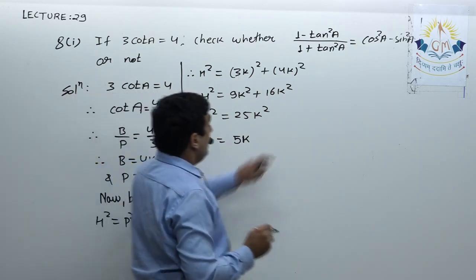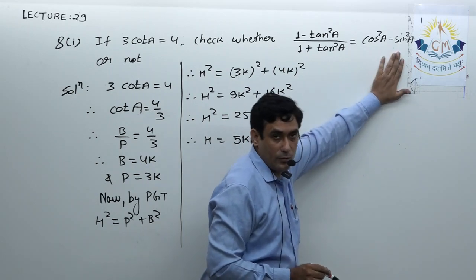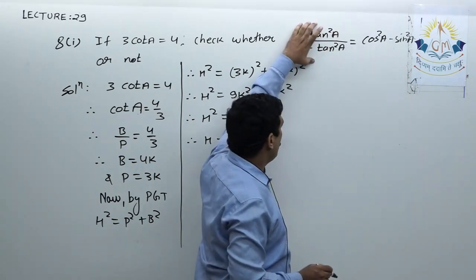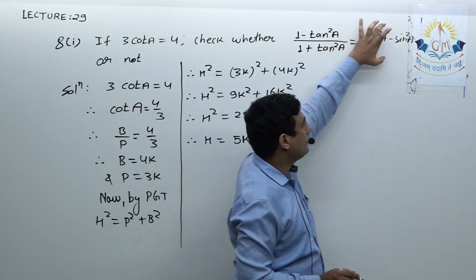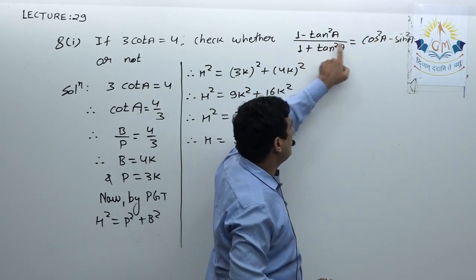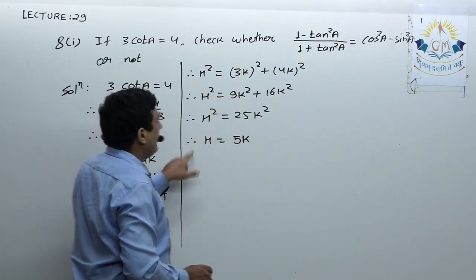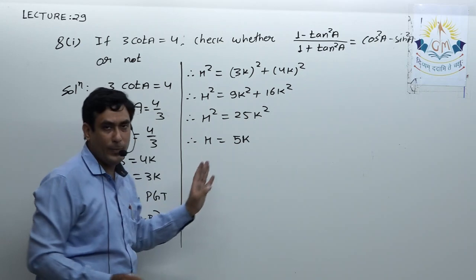Now I need to check whether the LHS is equal to RHS or not, whether the left side expression is equal to the right side expression or not. For that I need the values of tan, cos and sin. Here cot is given directly, so I won't find tan by applying perpendicular upon base.